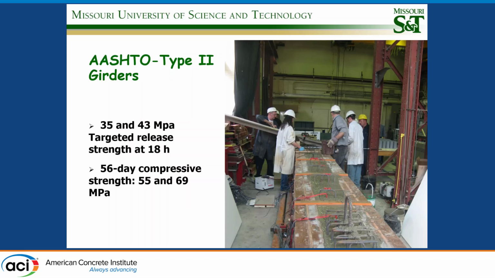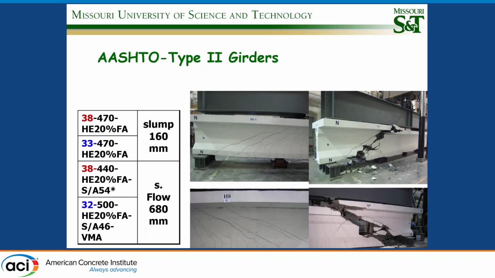And we specified target strengths at release of 35 and 43 MPa. They were steam cured. And then the design strengths again is 55 and 69 MPa. And these are the mixtures, so they were cast and tested in flexure and shear.